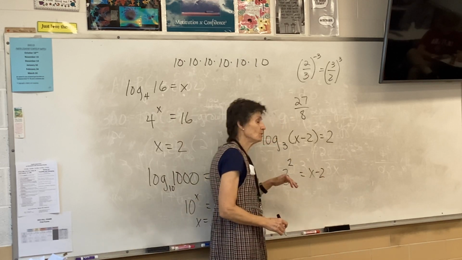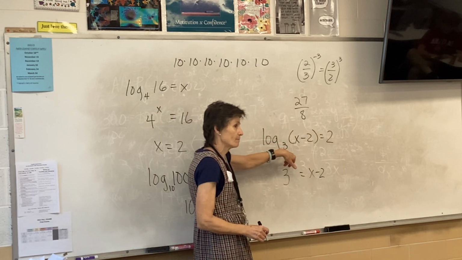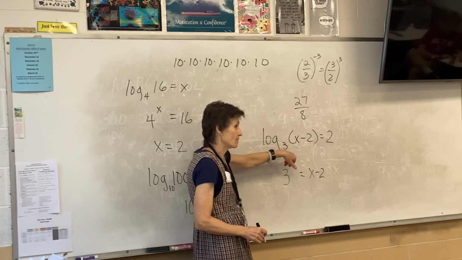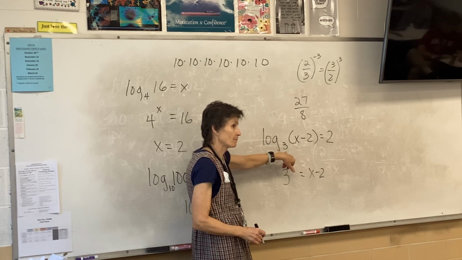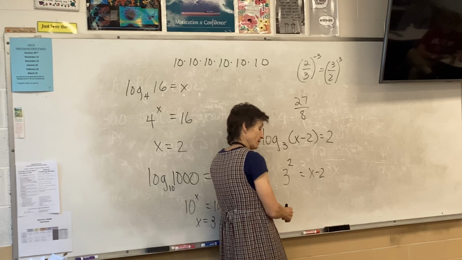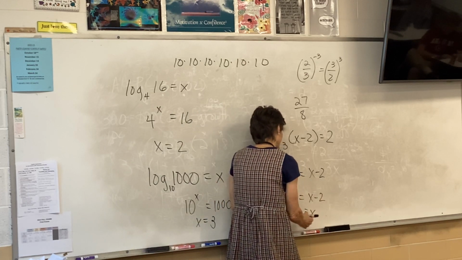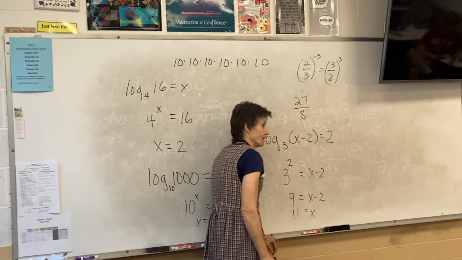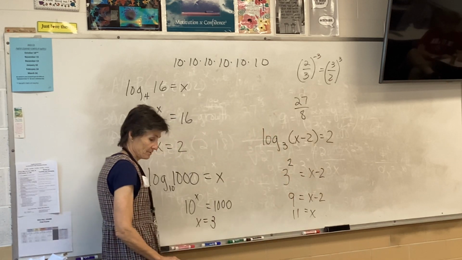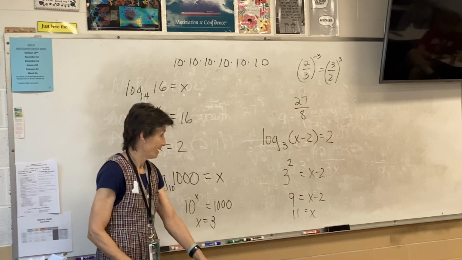When we loop-de-loop, we start right here. This is where we start, right there, that base. So what's 3 squared? So what's x?